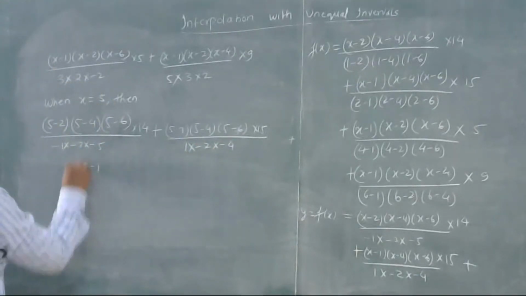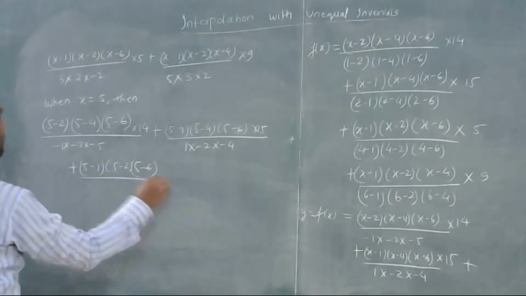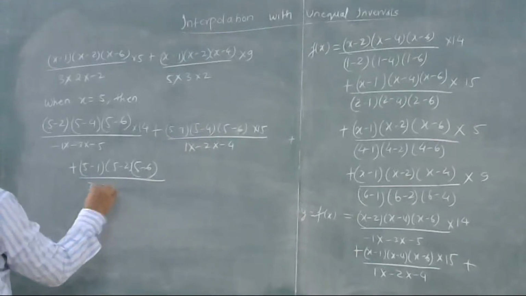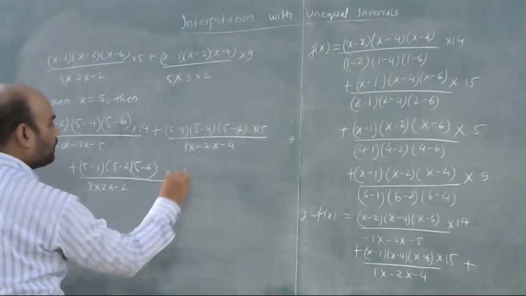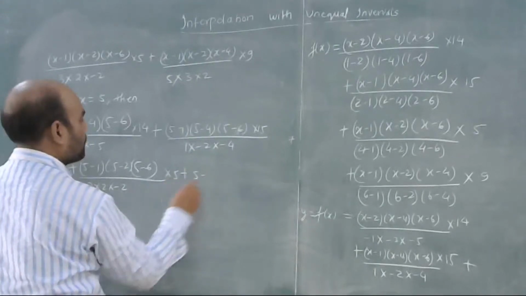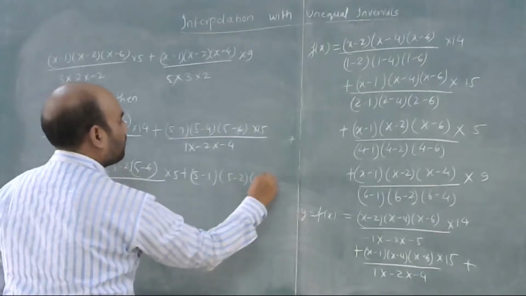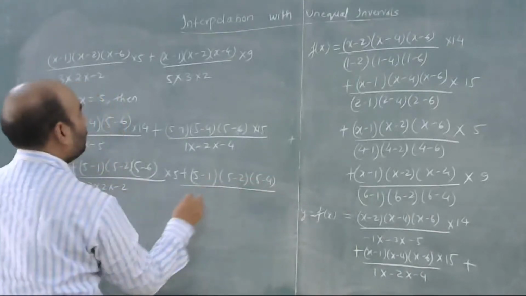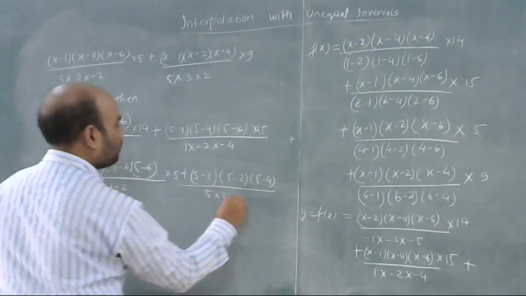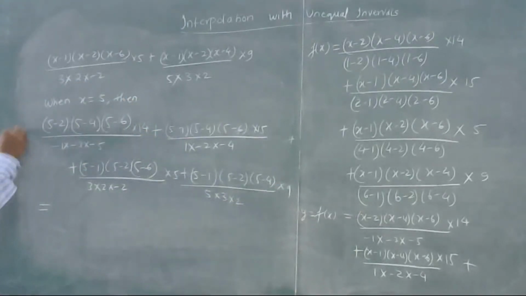Plus 5 minus 1, 5 minus 2, 5 minus 6 divided by 3 into 2 into minus 2 into 5, plus 5 minus 1, 5 minus 2, 5 minus 4 whole divided by 5 into 3 into 2 into 9. Solve this and find the value of f at x is equal to 5.